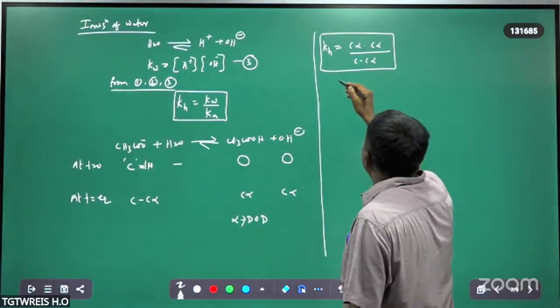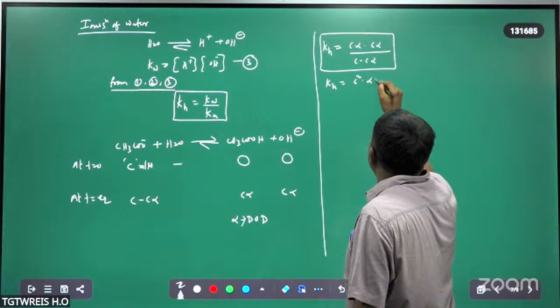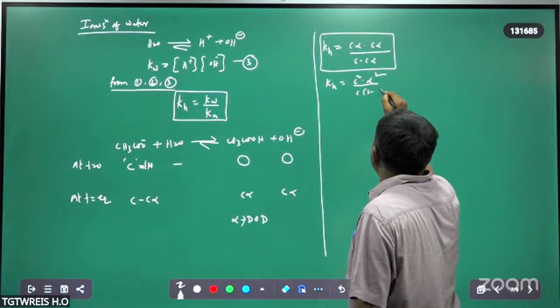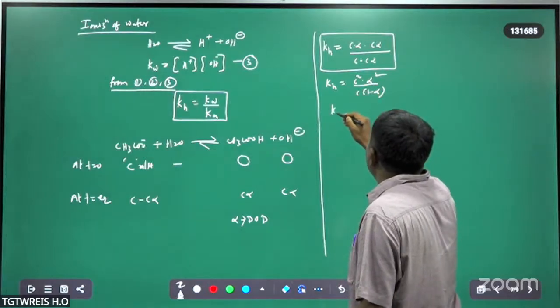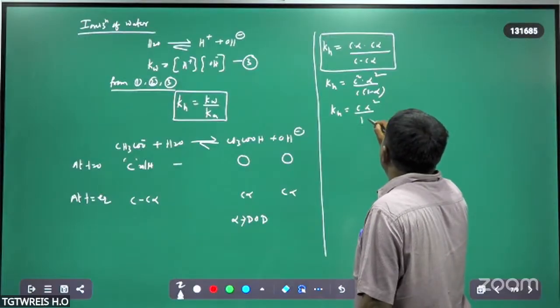So KH is equal to acetic acid concentration C alpha and OH minus ion concentration C alpha, by acetate anion concentration C minus C alpha. This is the KH. So KH is equal to C square alpha square by C into 1 minus alpha. So C and C get cancelled. So KH is equal to C alpha square by 1 minus alpha.